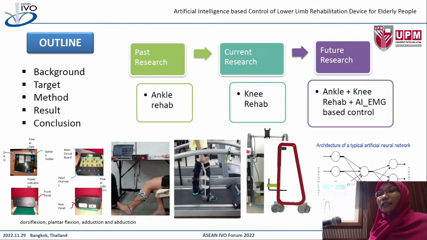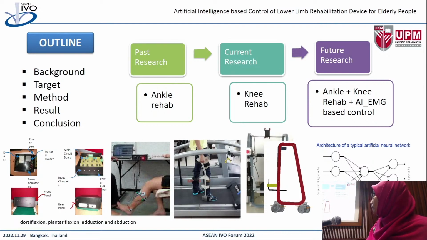Here is the outline. Before I go further on the proposed method, I would like to discuss my past research and also the current research. My past research was on the ankle rehabilitation device, focusing on signal processing and pattern recognition.